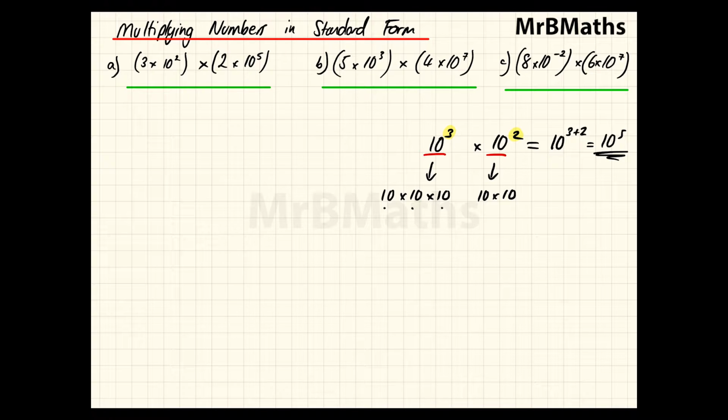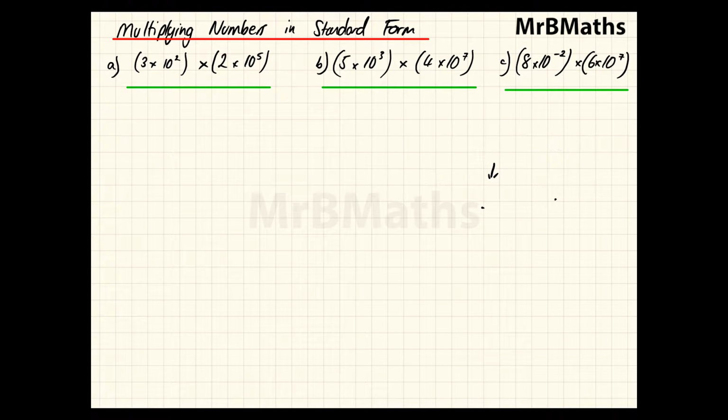So we have 1 here, 2, 3, 4 and 5, hence 10 to the power of 5. Okay, I'll be doing a separate video on that to prove and show you why that rule exists, but just for this video, if you don't know it already, take it as when you're multiplying powers, you add the indices. Okay, so we'll just get rid of this and we'll start with the first question.